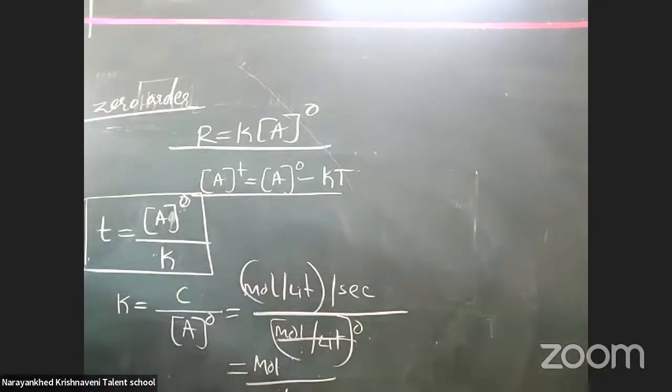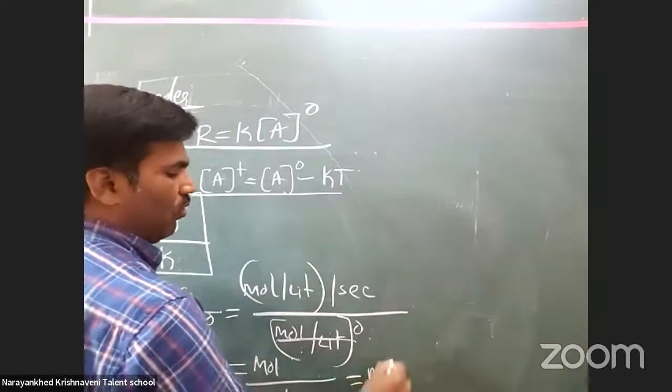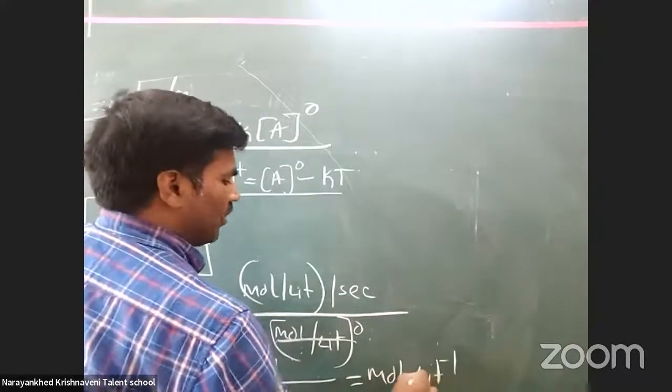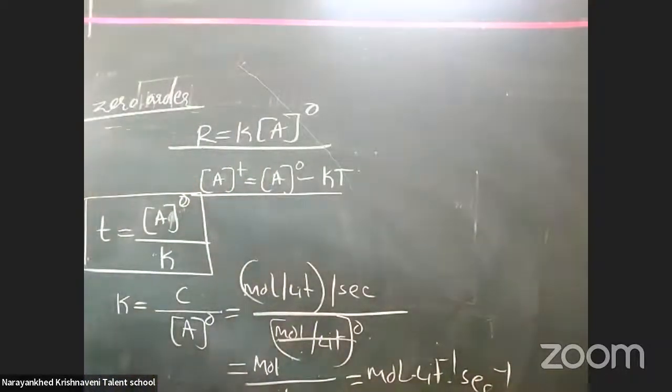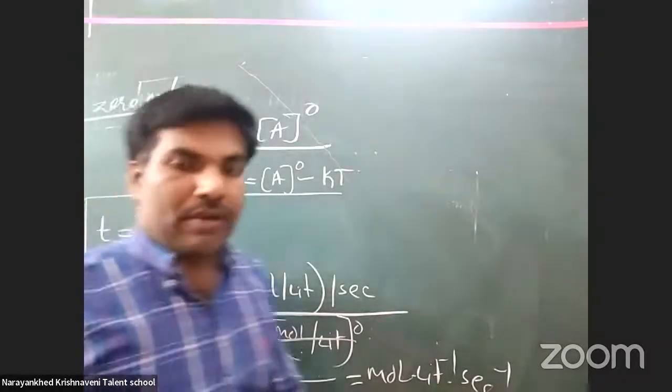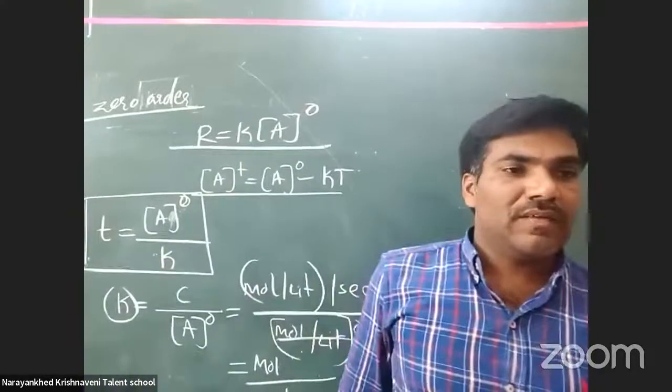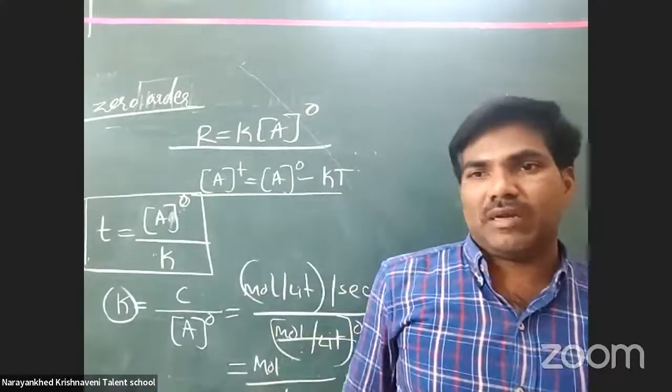Got it or not? Mole per liter per second. It can also be written as mole liter to the power of -1 and second to the power of -1. This is our rate constant unit. These units are very, very important here.